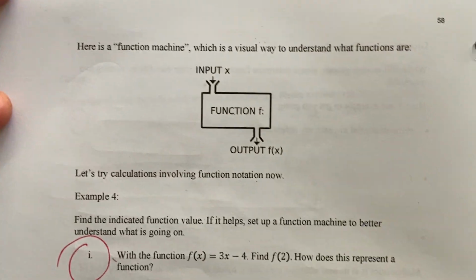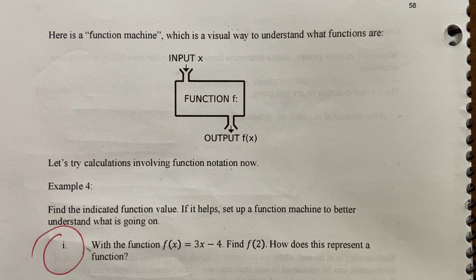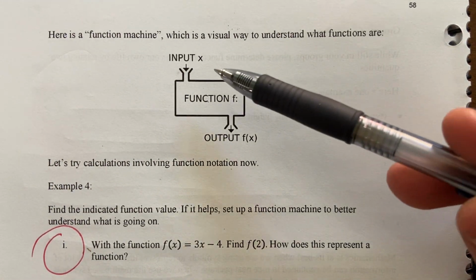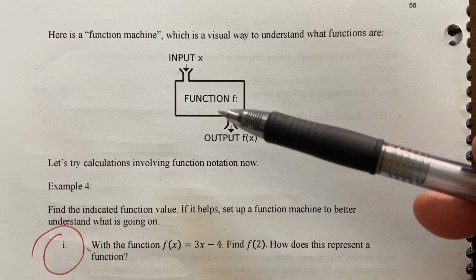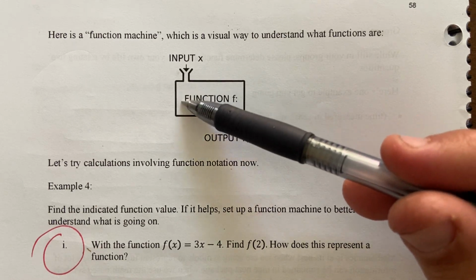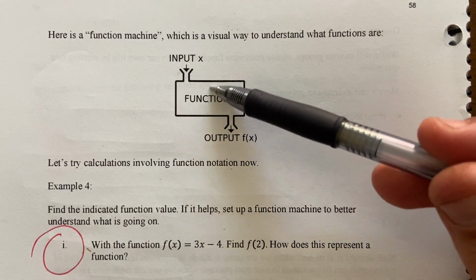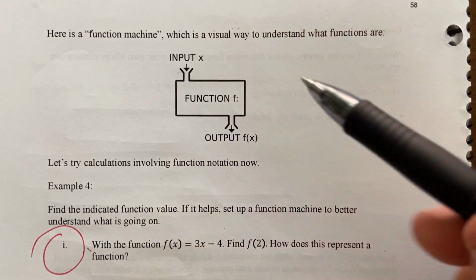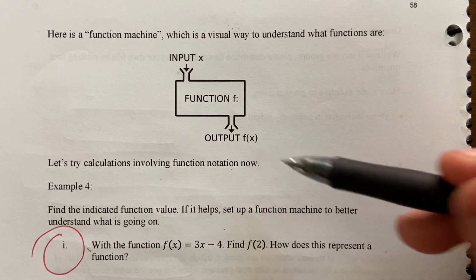There's another concept here where you can kind of think of it like a machine, like a function machine. So you're taking in inputs x, like plugging in a 3. The function rule is taking effect, right? The gears are kind of turning inside of here, and then you're getting some output.